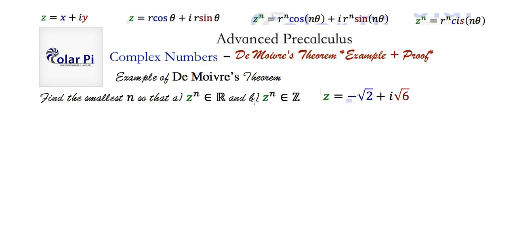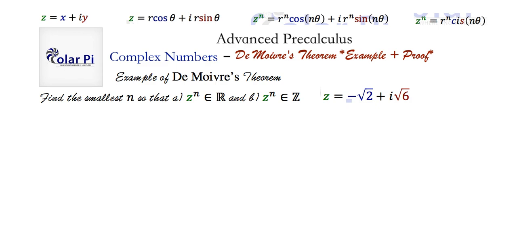In part B we need to figure out what powers of z will make it an integer. So first we make z strictly real by raising it to a power, and next we make it just an integer.